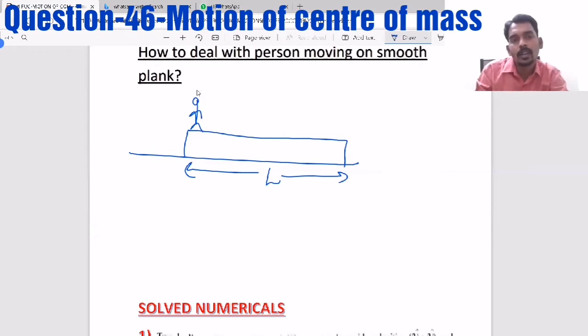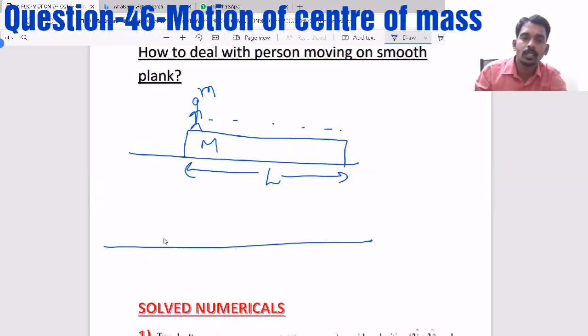Now, when the person of mass M moves on the plank, by the time he reaches the other edge, the plank will go back by some distance. Let's take this distance as x. So even though he traveled a distance L, his displacement with respect to ground will be only L minus x.